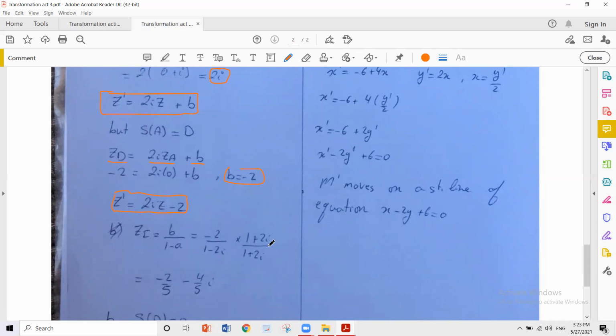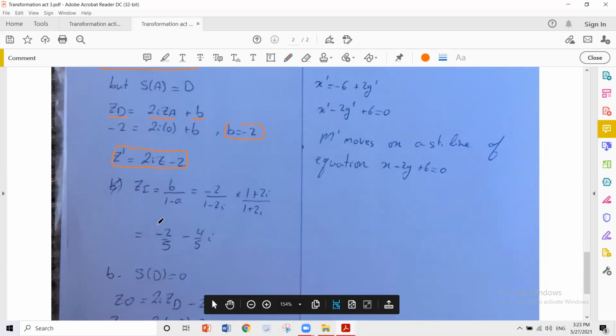Multiplying by the conjugate or by using the calculator, we get zI equals minus 2 over 5 minus 4 over 5 i. Done, sis.